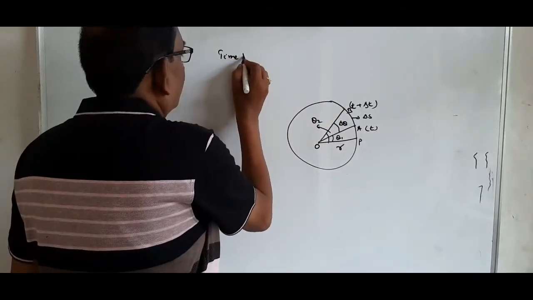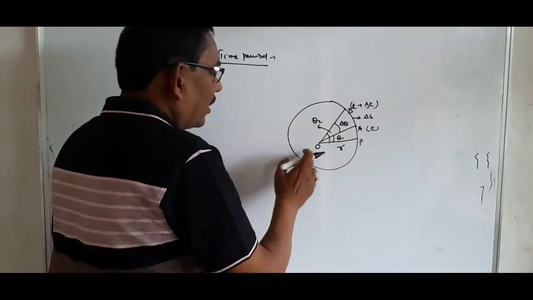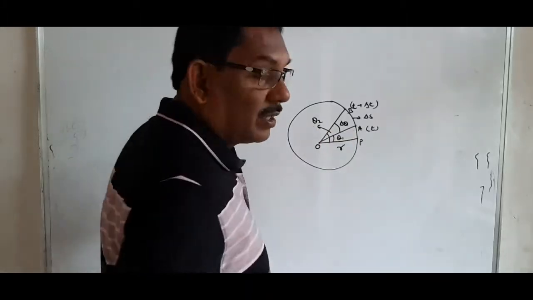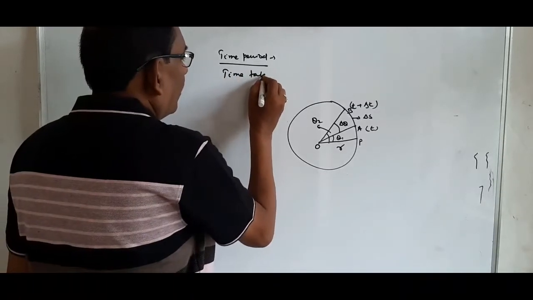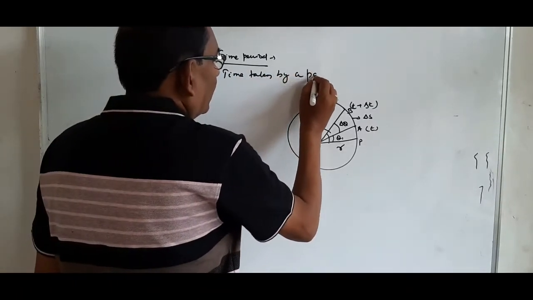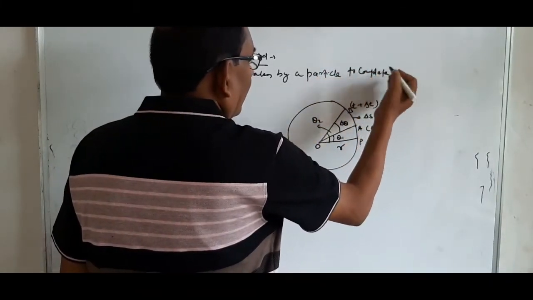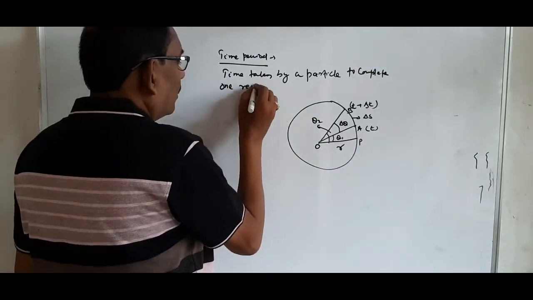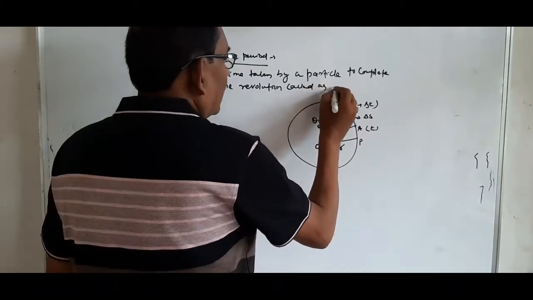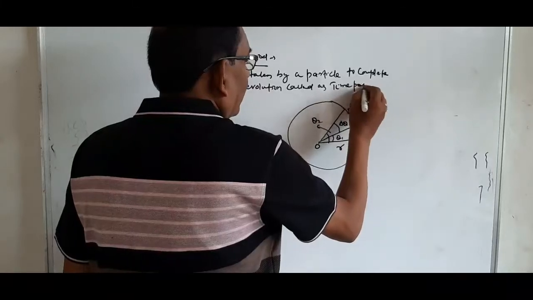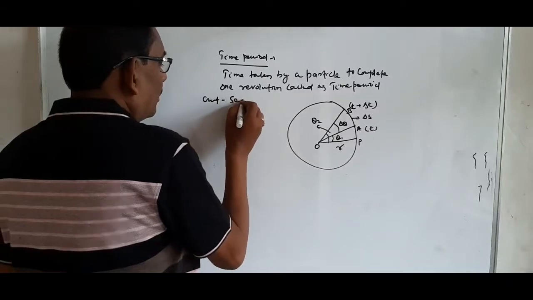Time period: the time taken by a particle to complete one revolution is called the time period. Okay. Unit is second.